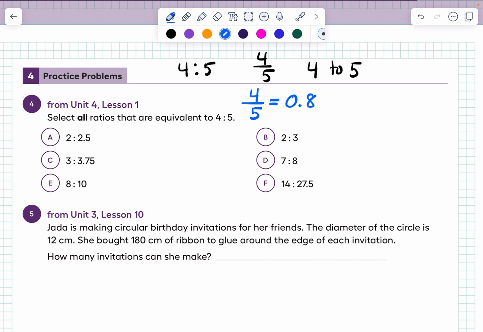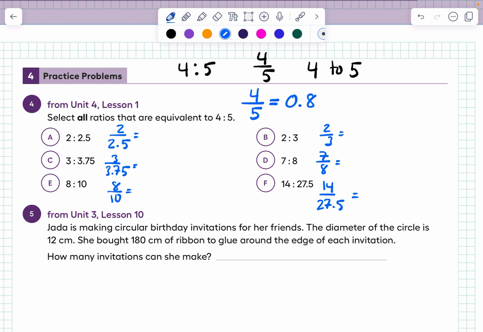So I'm going to create all the fractions, input them into my calculator, and see which one lands me 0.8. That's the best way that I can think of.